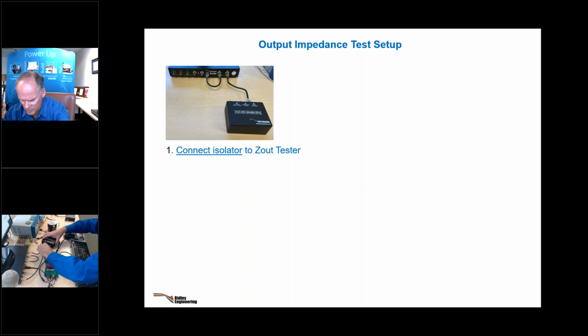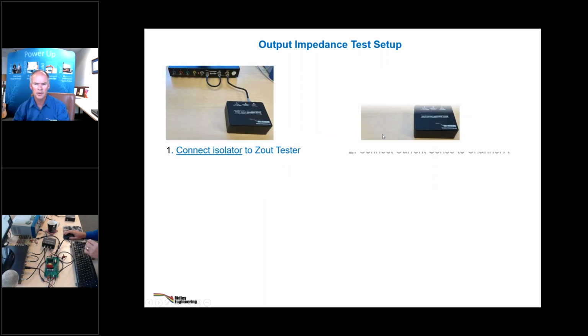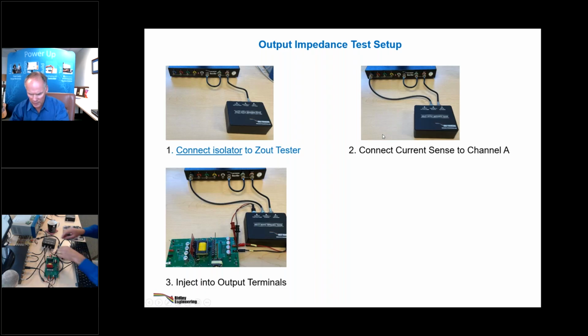There's a little 1 ohm test resistor in there to give us the signal. And then we take the output of this little test box. The output of this test box is going to connect to the output of the power supply right there.